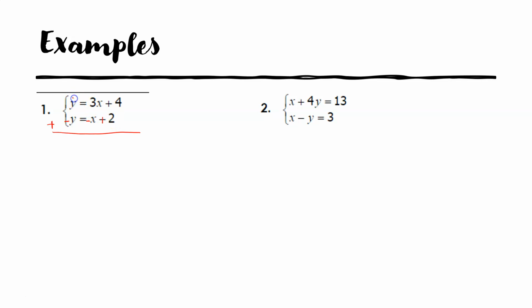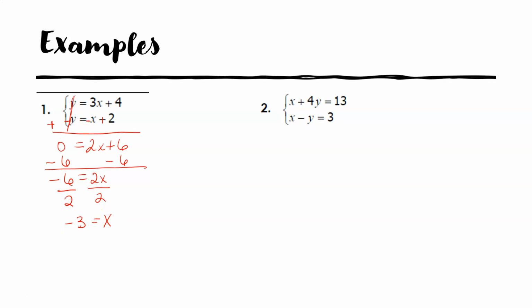Okay? So the y's are gone because y minus y is 0. Keep that equal sign there. So 3x minus x is 2x, and 4 plus 2 is 6. Okay, now we need to isolate that x, so we're going to subtract 6 from either side. So I have negative 6 equals 2x. I'm going to divide by 2, so I have the value for x.